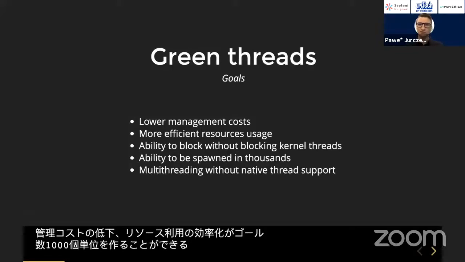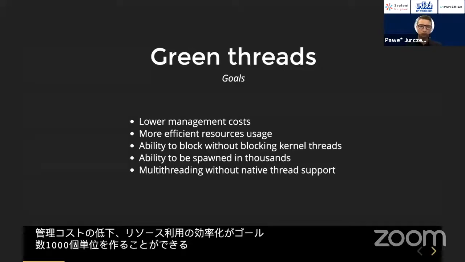Also, because green threads are more lightweight and more fine-grained abstractions, they will allow us to use resources in our hardware more precisely and more efficiently. Also, by having another layer of multi-threading, we might achieve different semantics when it comes to blocking, because blocking from now on might be blocking the green thread only, and this will not necessarily propagate as a blocking of the underlying JVM thread.